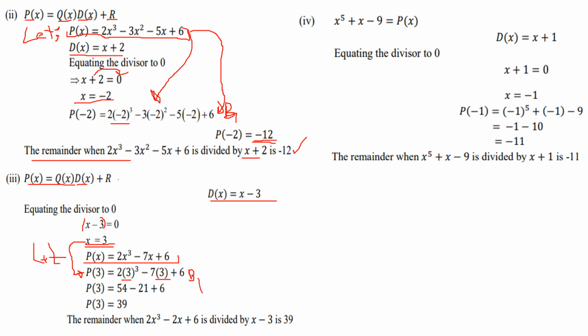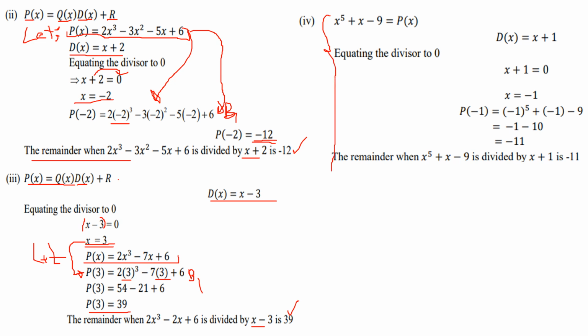And then after that, you can use your calculator and you come up with a final answer. So the final answer is going to be 39. And I've told you, whenever you make a substitution, whatever answer you get is called the remainder. So in this case, our remainder has been 39. So the remainder, when the polynomial of x is divided by our divisor, is going to be 39.